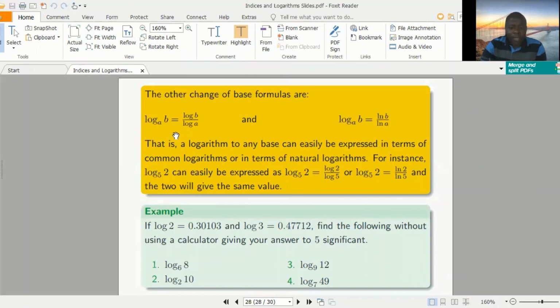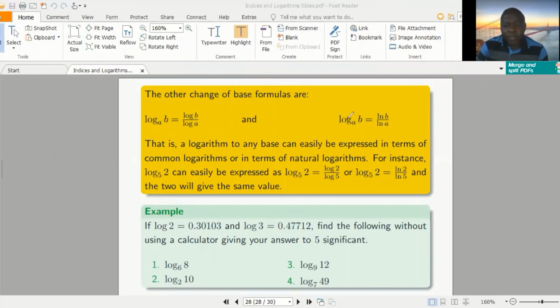Now, this is the last bit of it, and I want to introduce something very important. If I'm given the log of b to base a, I can write this as log of b over log of a, and that will give me the answer in a very simple way.